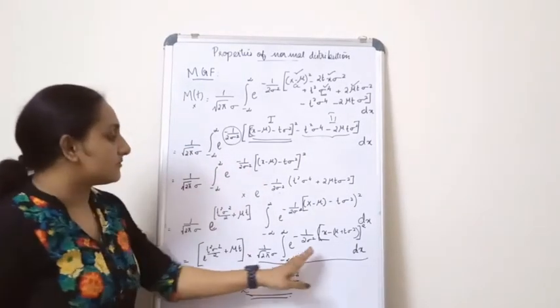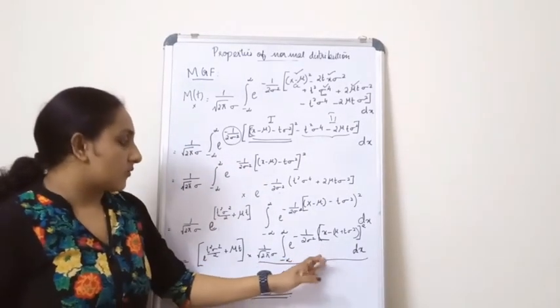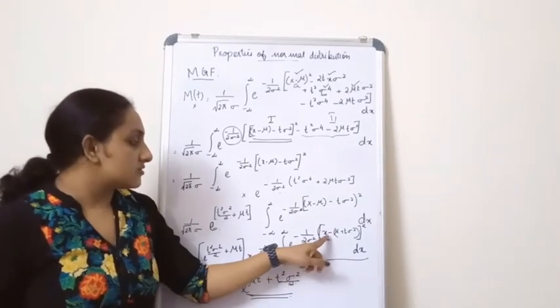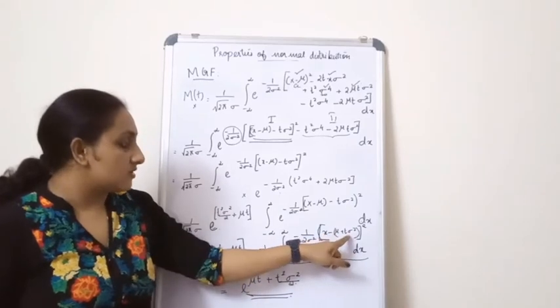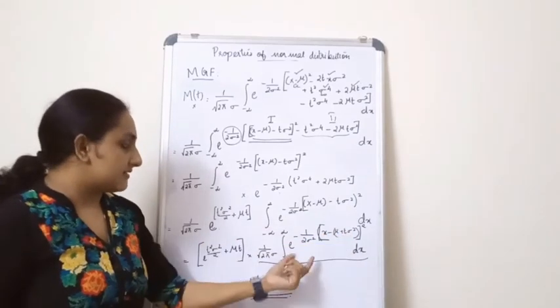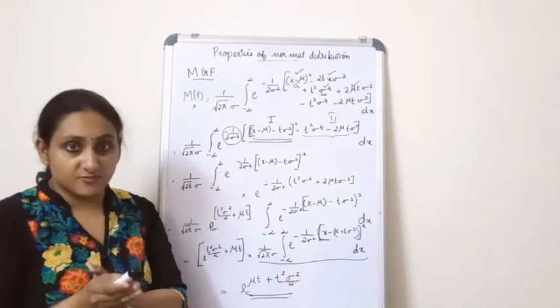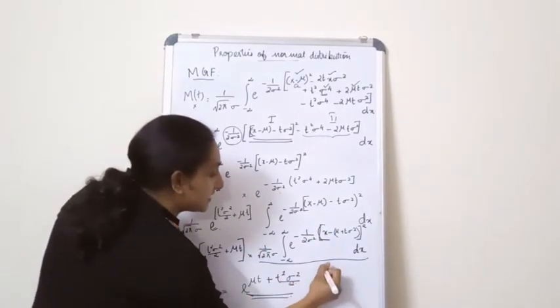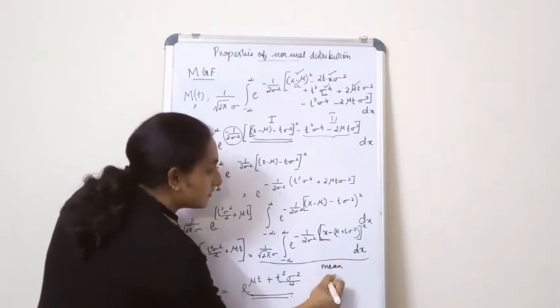Do you find any similarity with your normal distribution? See, in the case of normal distribution, it was only x minus mu, the whole square. But in this case, it is x minus, instead of mu, here the mean is what? Here the mean is mu plus t sigma square.